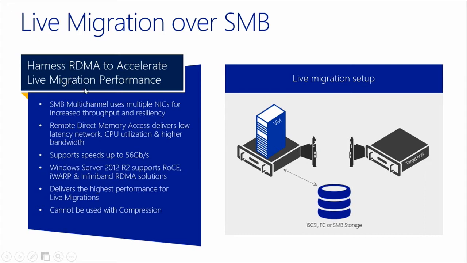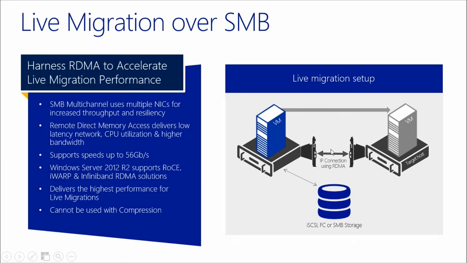RDMA stands for Remote Direct Memory Access. Essentially, it's a special type of networking adapter that allows us to better communicate between these two different hosts. The easiest way I like to talk about this is, we do the traditional setup, where we're preparing our VMs for migration.